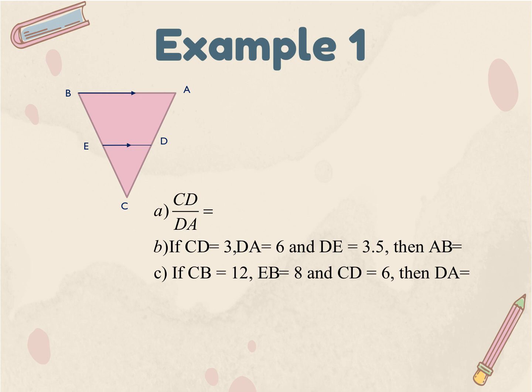All right, example number 1. If they're giving me CD and DA, how would I write what's proportional to it? Good. CE and EB. All right, if they were to give me CE over CD, how would I write my other side?